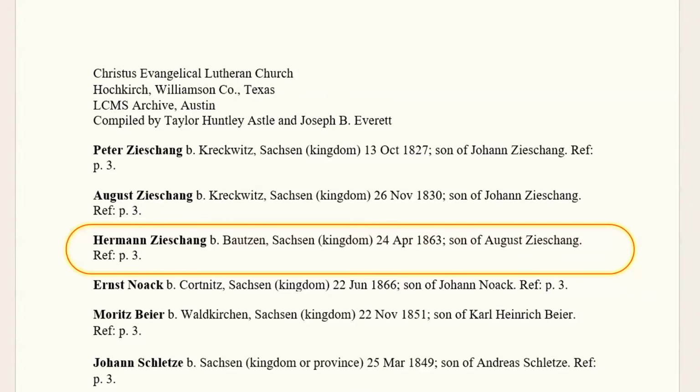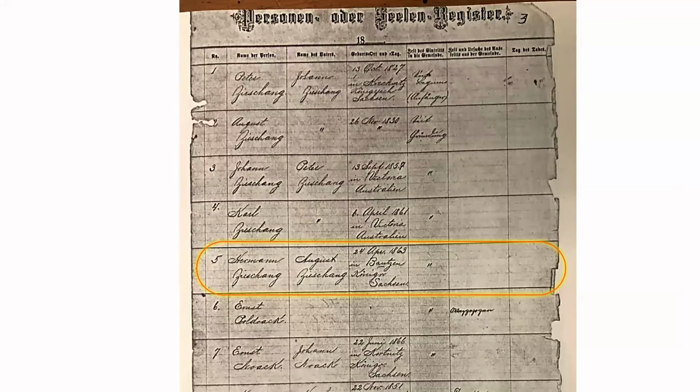And we learned that the place of birth is Bautzen in the Kingdom of Saxony, which also matches information that we found from the passenger list. Looking at the original, this is the original document that the GIACR record was abstracted from.